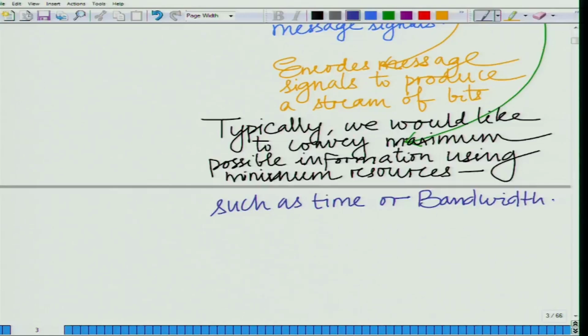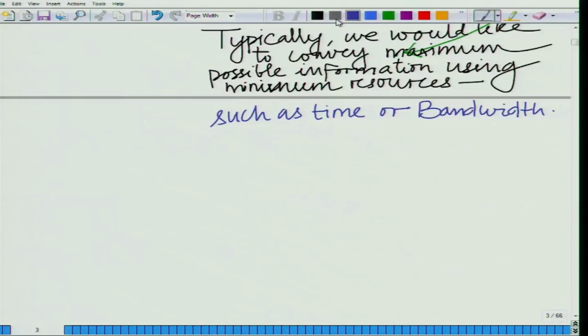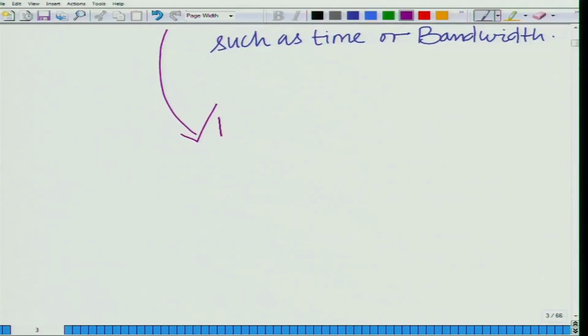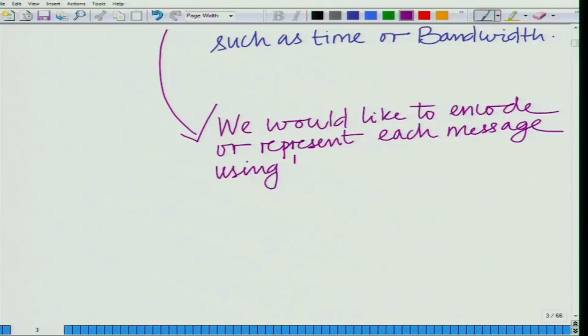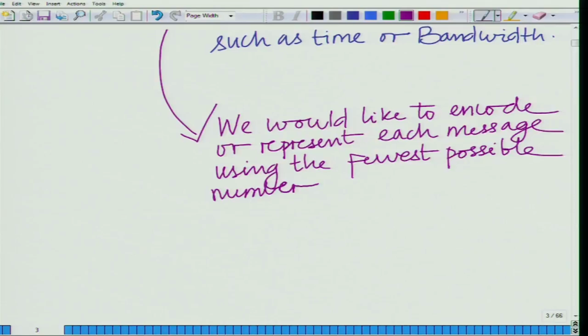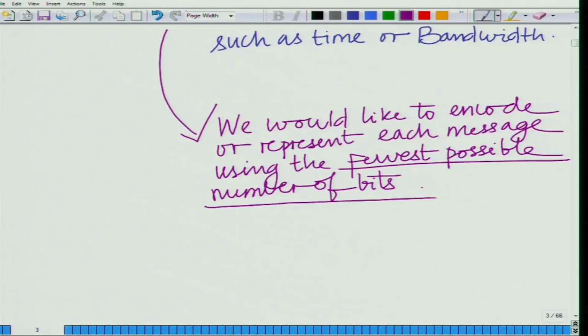Purposefully being a bit abstract, this implies we would like to encode or represent each message using the fewest possible number of bits.